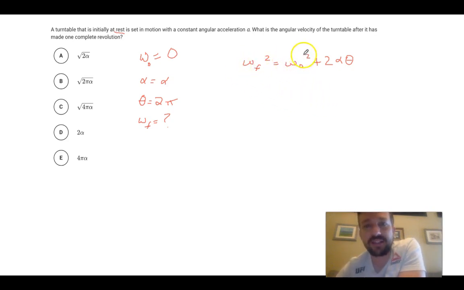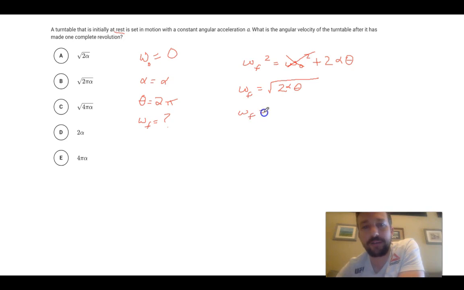So I'm looking for this. I have this as 0, so it disappears. And then I have alpha is alpha, and I have this as a 2 pi, right? So if I'm solving for it, I would just square root 2 alpha theta and just plug everything in.